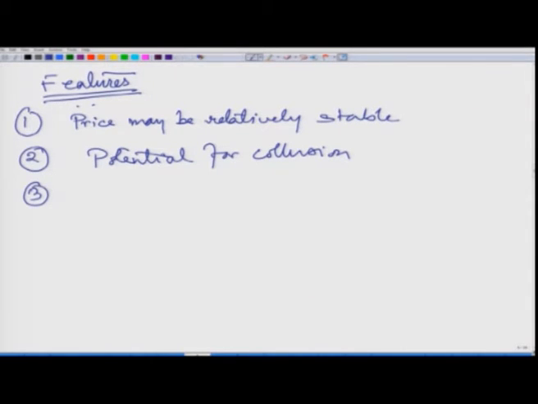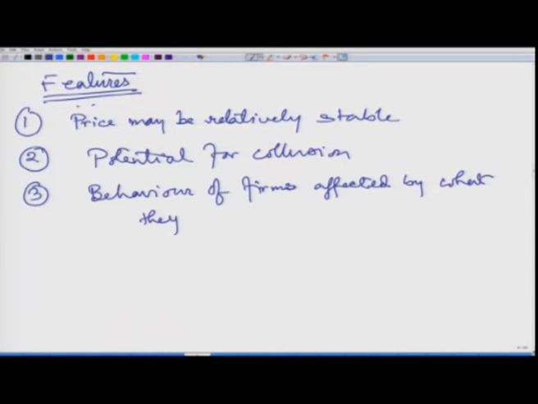Third is the behavior of firms affected by what they believe their rival is going to do.